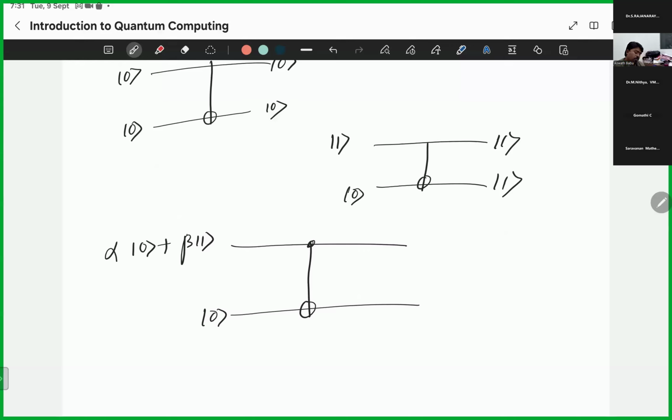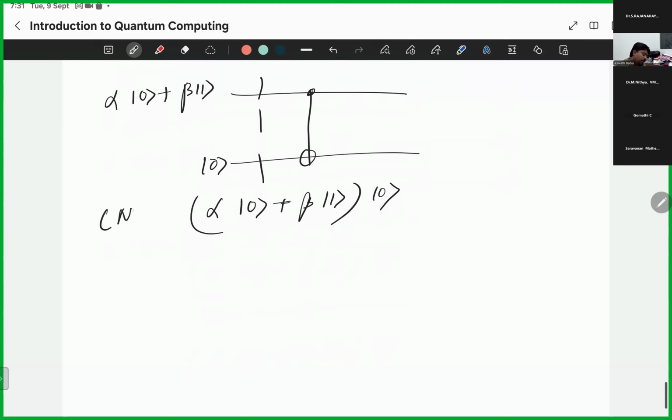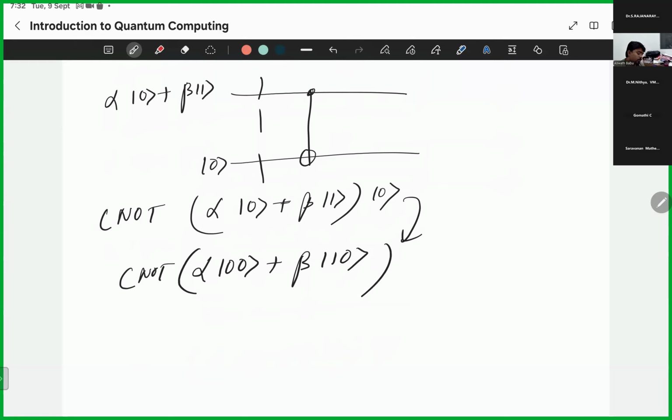The input at this point is alpha 0 plus beta 1, tensor 0. On that I have a CNOT gate. The output is alpha 00 plus beta 11. Whenever the control is 0, the target should remain the same; whenever the control is 1, the target should flip.